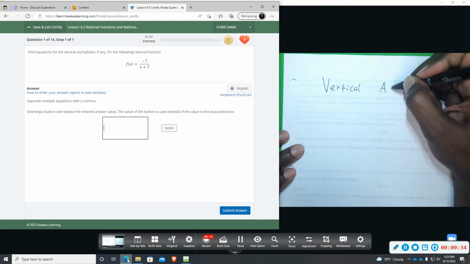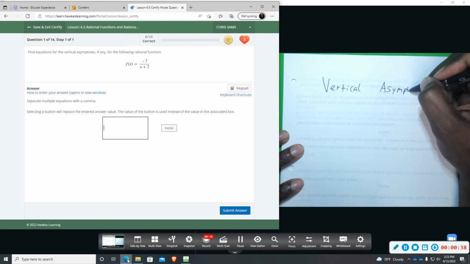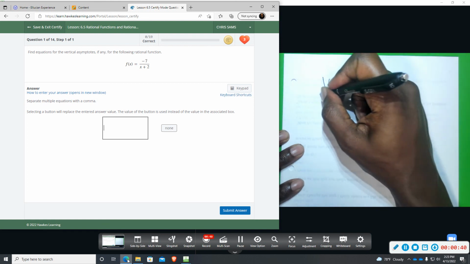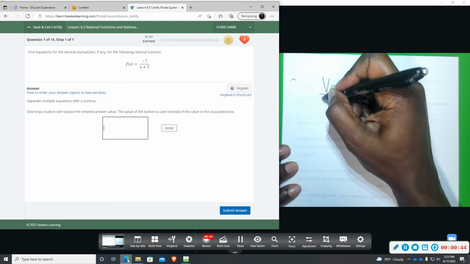Vertical asymptote. Okay, these are values that make the denominator 0, so that's just the explanation.